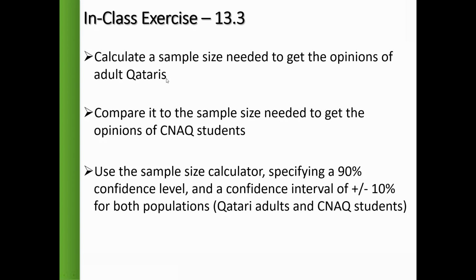Compare it to the sample size needed to get the opinions of CNAQ students. So we just did the School of Business at 2,000 students. How big is the difference in the number of people we have to ask? Use the sample size calculator specifying a 90% confidence level and a confidence interval of plus or minus 10% on both populations, Qatari adults and CNAQ students. What's the difference?